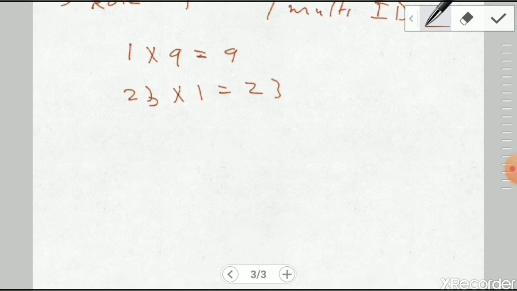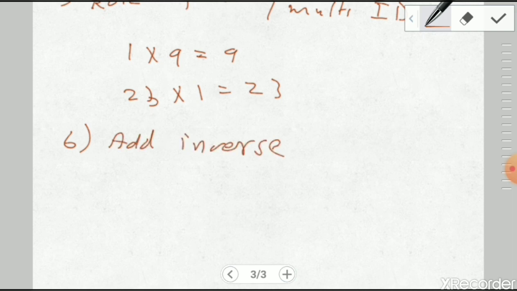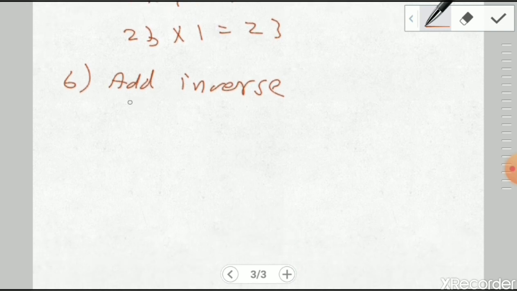Then after that, the sixth one is additive inverse. Additive inverse means alternate or vice versa.